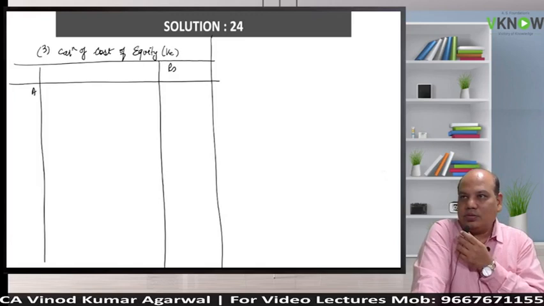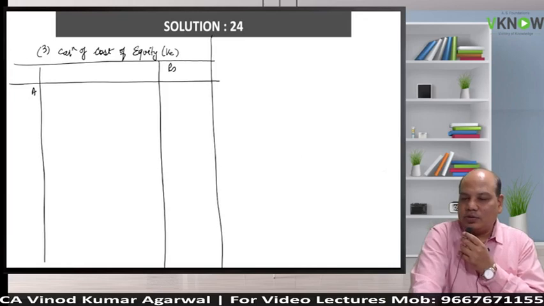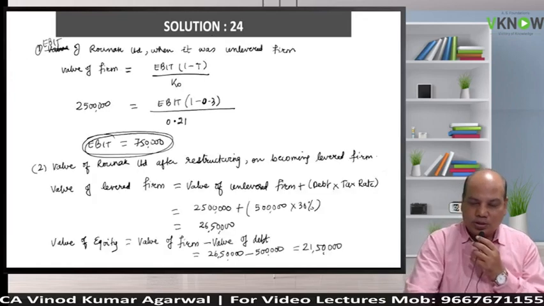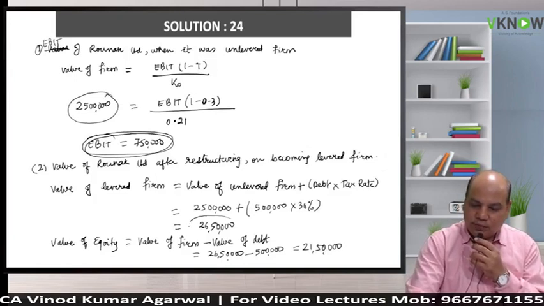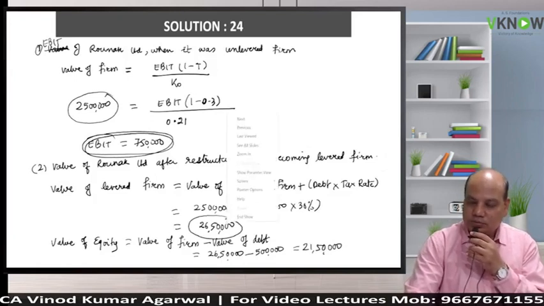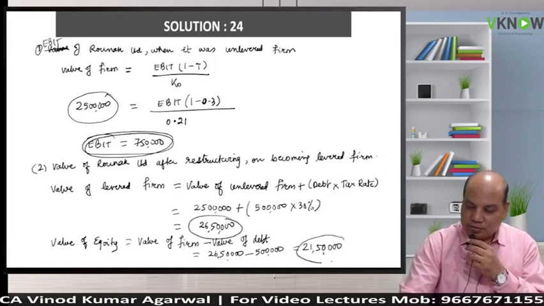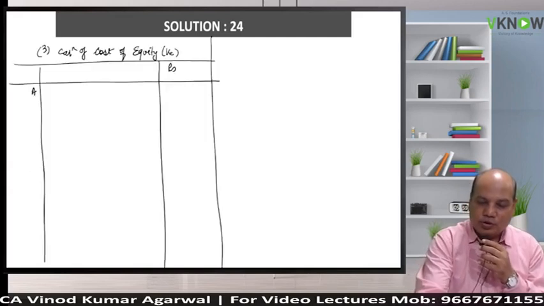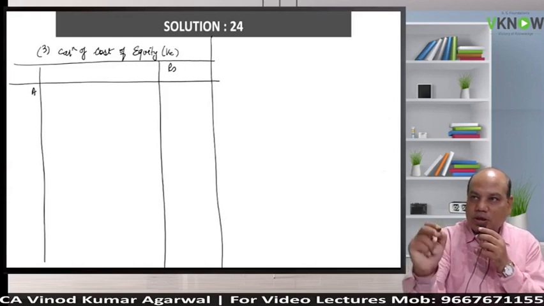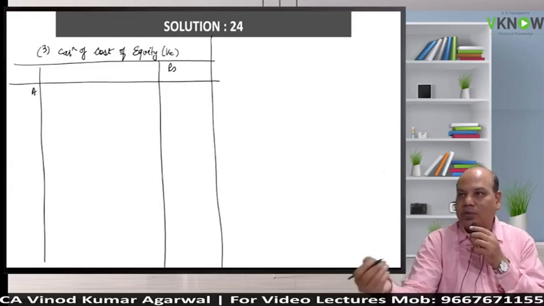They also get confused, but there is nothing to be confused about. If there is taxation, follow the principle. First find unlevered firm, then levered firm, then value of equity, then cost of equity, which will be earning after tax divided by value of equity.